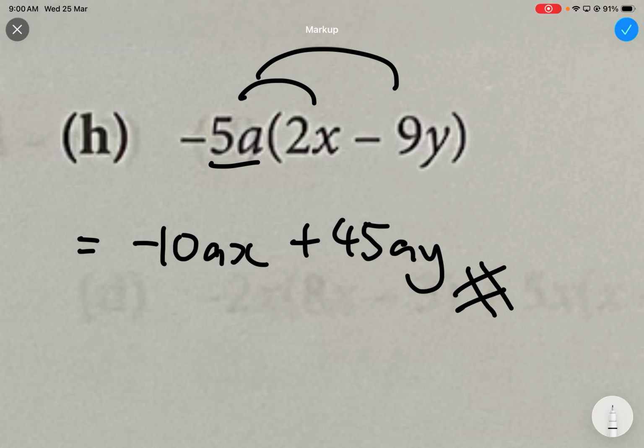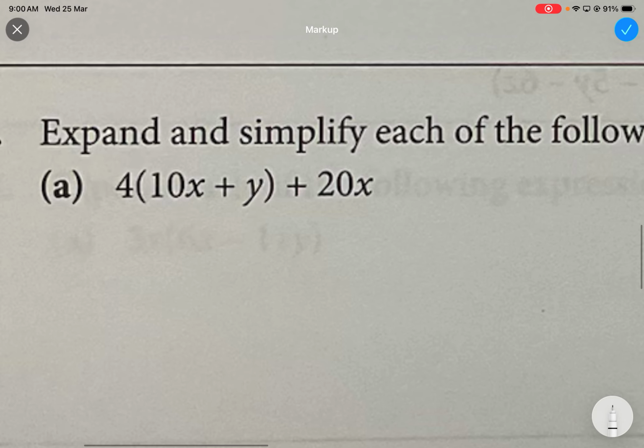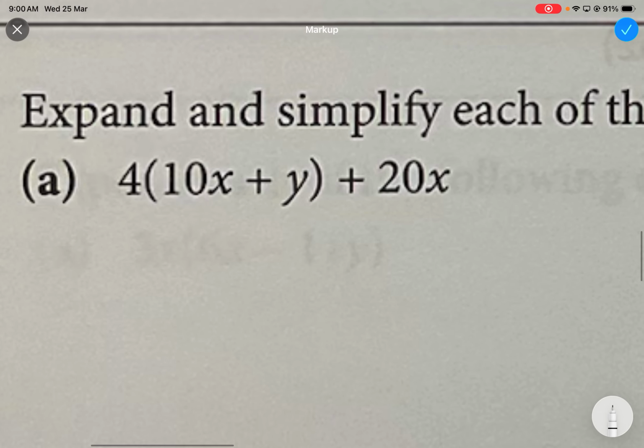After that, like terms add together. 6ay plus 56ay becomes 62ay. Minus 20ax minus another 7ax becomes negative 27ax. It's all addition, subtraction, multiplication, and division. Okay? Finish the rest of the parts as homework.